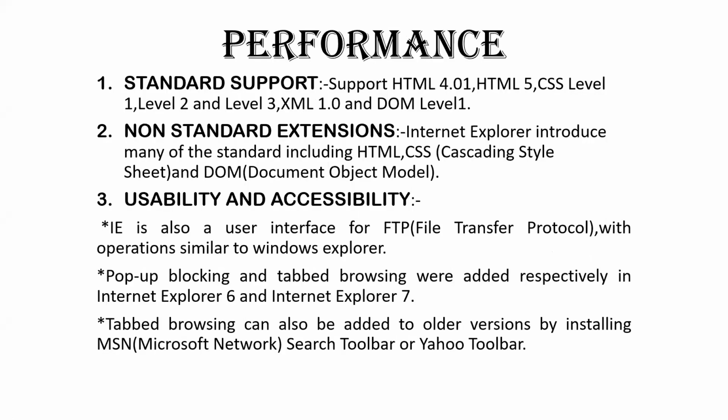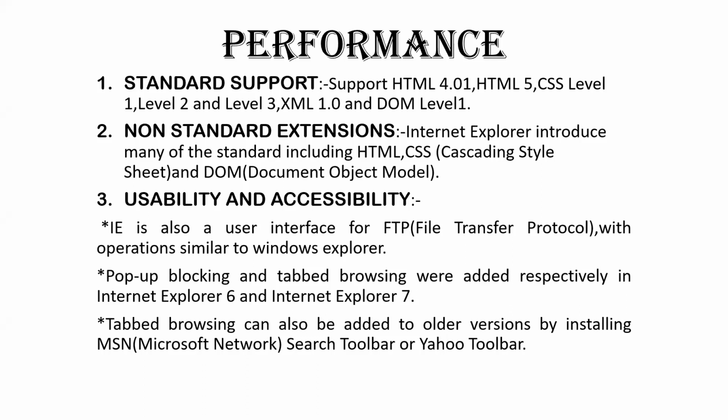Coming to its performance, standard support. It supports HTML 4.01, HTML5, CSS level 1, 2, and 3, XML 1.0, and DOM level 1. CSS means cascading style sheets, a style sheet language used for describing the presentation of a document written in a markup language.